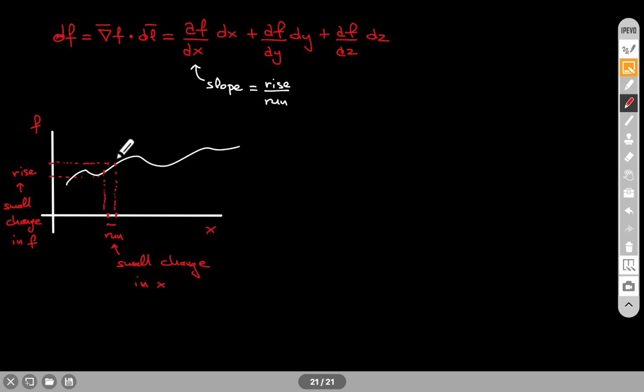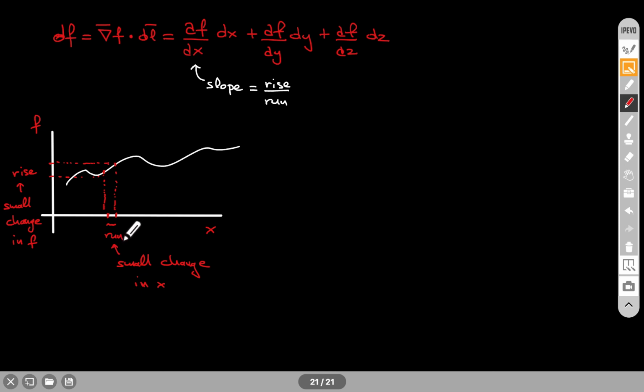Now, as I said before, this is the slope, which you can calculate by doing the rise over run. I also want to mention this is the partial derivative of f with respect to x.